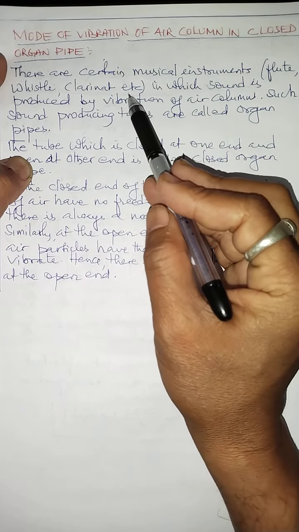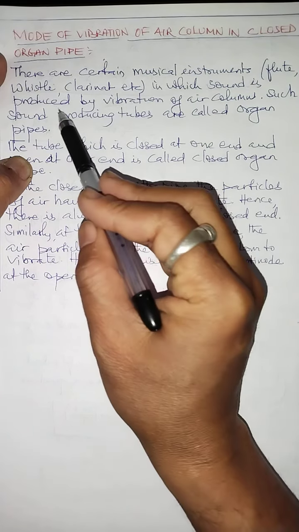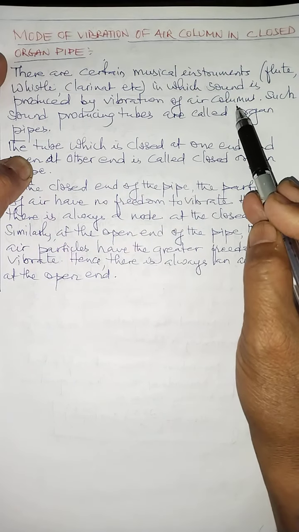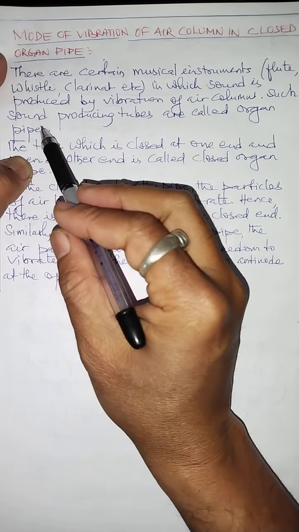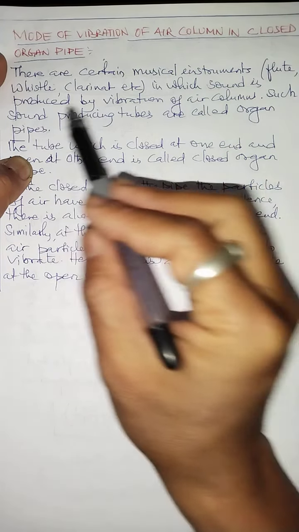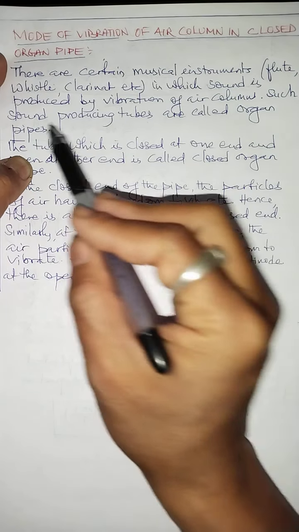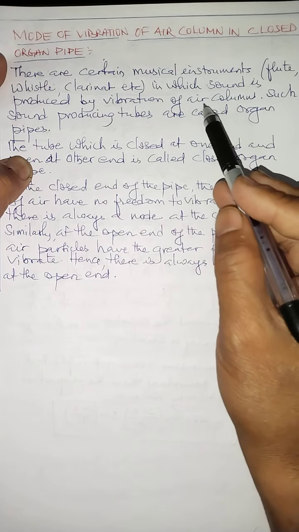There are other musical instruments also in which sound is produced by the vibration of air columns, and such sound producing tubes look like a tube only. Such tubes are usually called what pipe? Organ pipes.